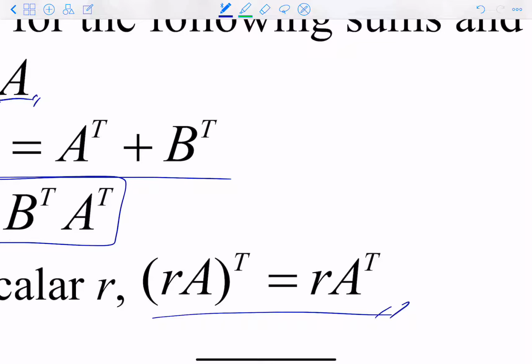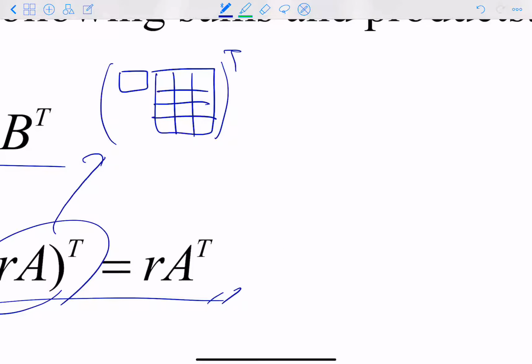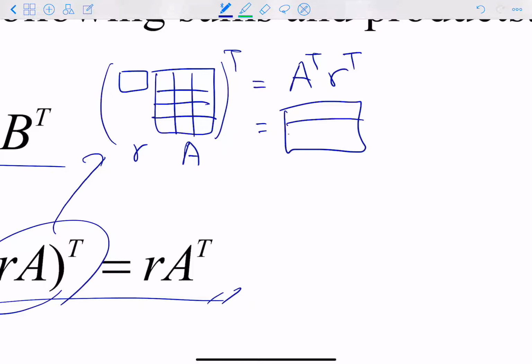So in this case, we have a scalar and a matrix, for example something like this, okay? If we consider the transpose of rA, what will be the transposed result? A transpose and r transpose, right? So what is A transpose? A transpose is 3 by 4, while it was originally 4 by 3, because we have to change the order between the product of these two.